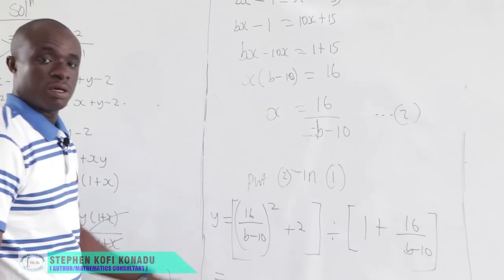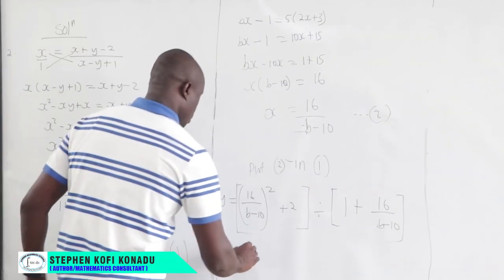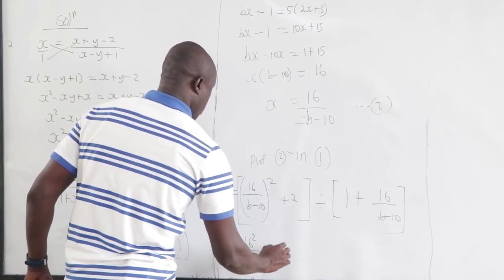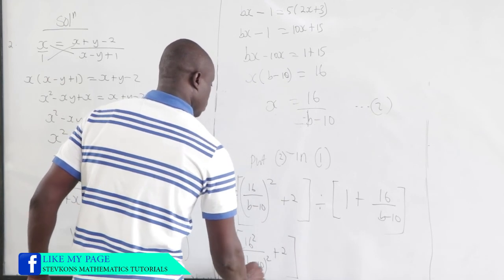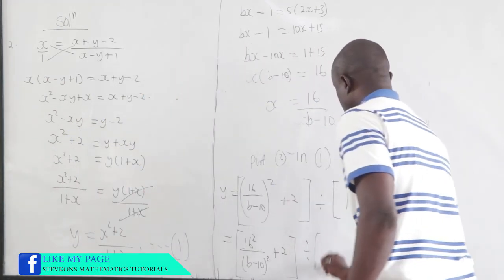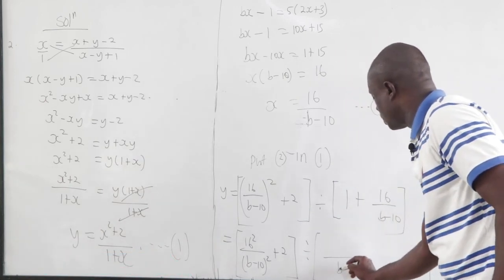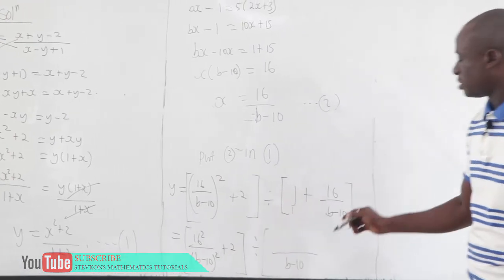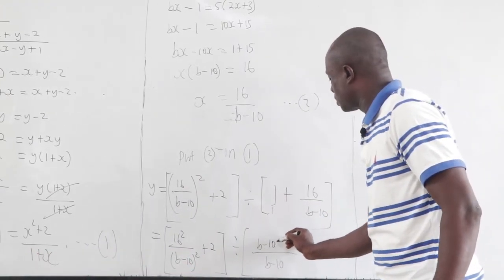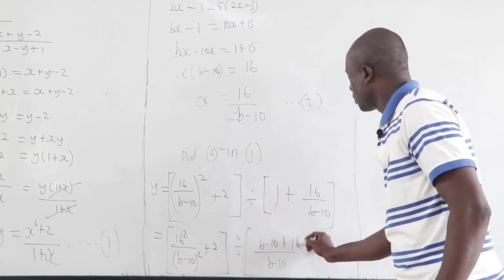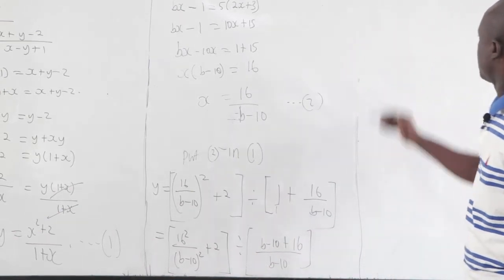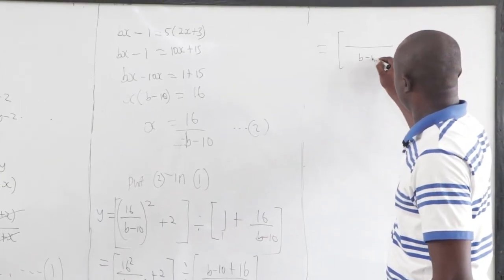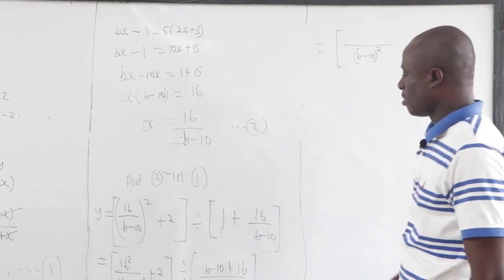Now, the numerator, what do you have here? This will be 16 squared all over (b minus 10) all squared plus 2, divided by, now here, let's find the LCM, that is b minus 10. 1 over 1, 1 will go into b minus 10, that's b minus 10 times. We have b minus 10 plus 16. Now, over here, the first one, when you find the LCM, you're going to get (b minus 10) all squared.